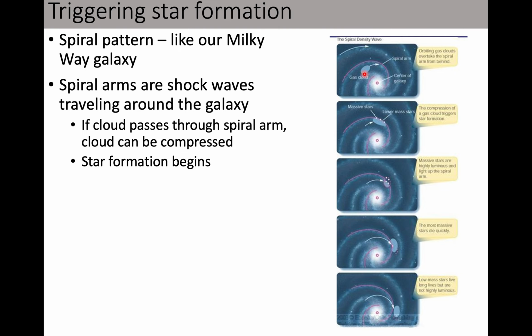Here we have a cloud of gas, which is an area of ISM. As it moves through that spiral arm of the galaxy, it's going to cause compression. So as it comes out the other side, it will start star formation because you're compressing that ISM, all that material.